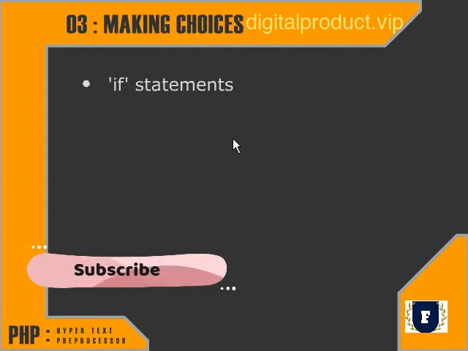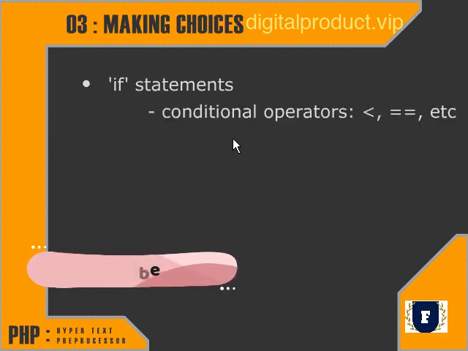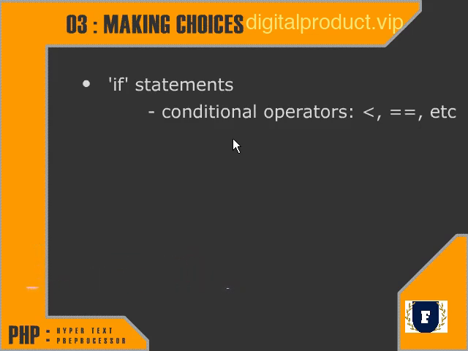So first of all, we're going to look at the basic if statements in this movie, and we're also going to look at the conditional operators, which allow us to define the conditions whereby the if statements will choose one path or another within the script.